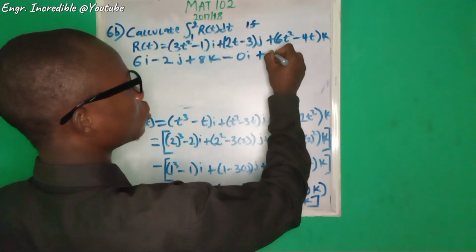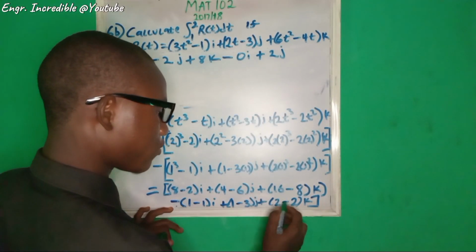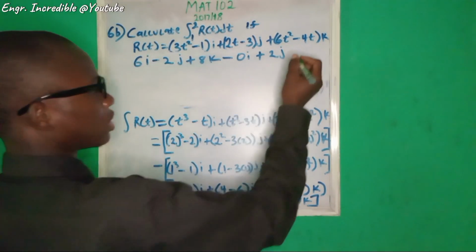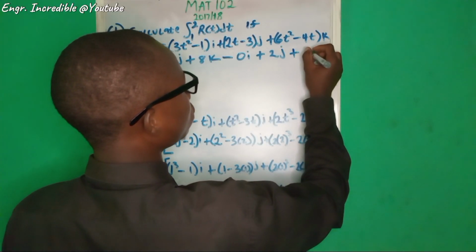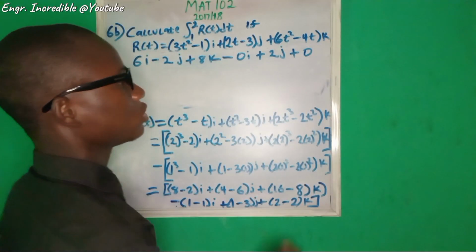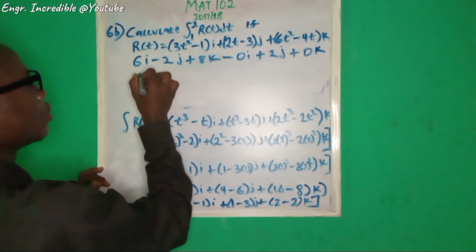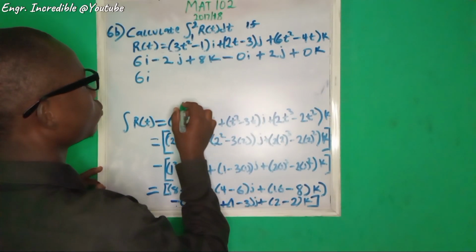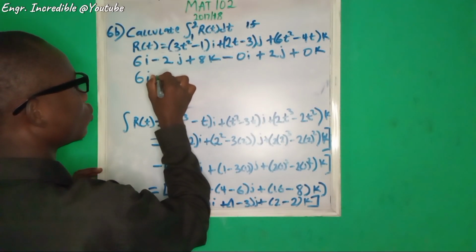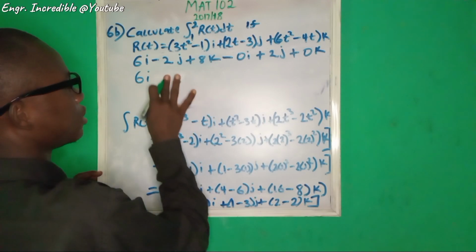We have plus 2j. And minus, we have 2 minus 2, which is 0, that is minus 0 or plus 0. We have plus 0 minus 0 of k. So simplifying it, 6 minus 0, we have 6i minus 2j plus 2j, that is equal to plus 0j, which will be exempted from there.